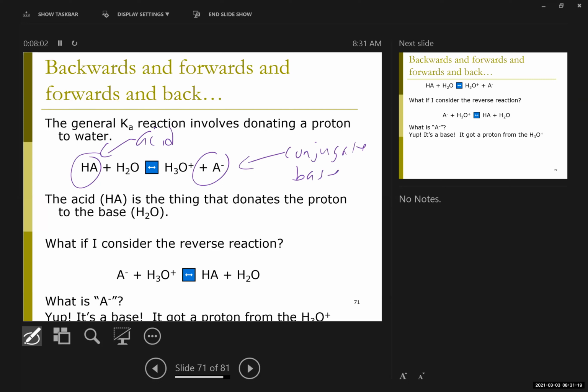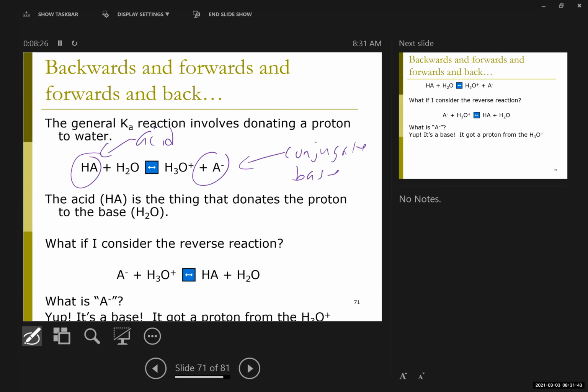But as I'm fond of saying, I hate that C word, because a base is a base and an acid is an acid. I don't really need to demean it by calling it the conjugate, right? If I started with just the A minus, I don't do this reaction at all, in other words.